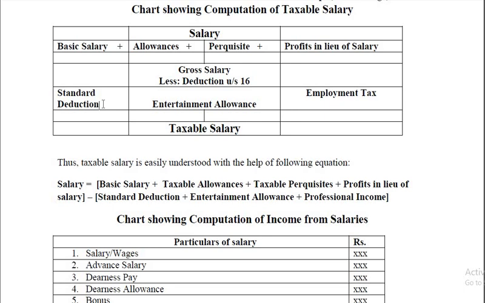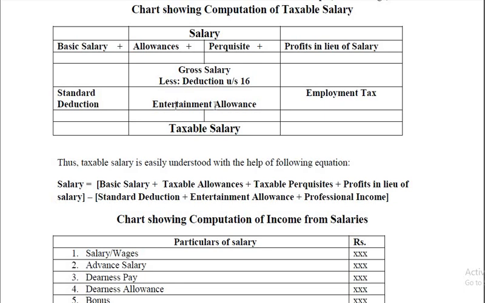Earlier standard deduction was there, then it was discontinued as far as salary income is concerned, and very recently once again it has been introduced. In the last year the standard deduction was 40,000 rupees, but for the assessment year 2021 the standard deduction is 50,000. So standard deduction allowed is 50,000. So that is deductible from gross salary. That's under section 16 subsection 1.